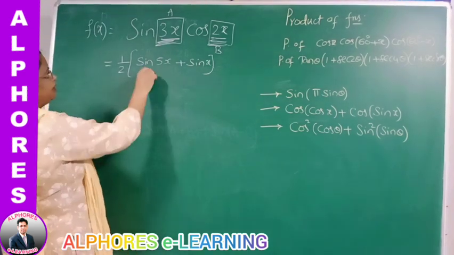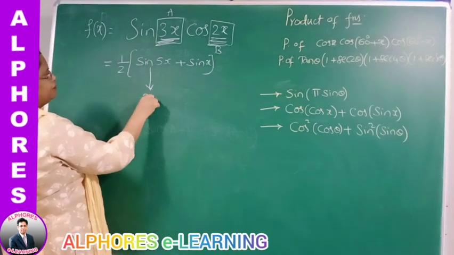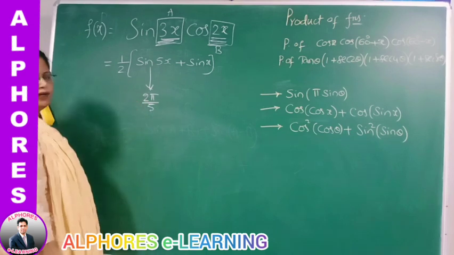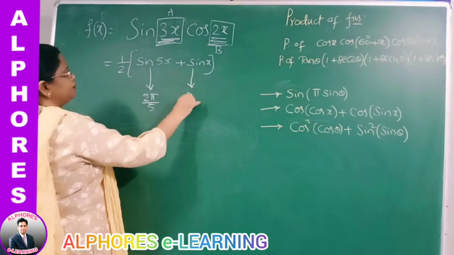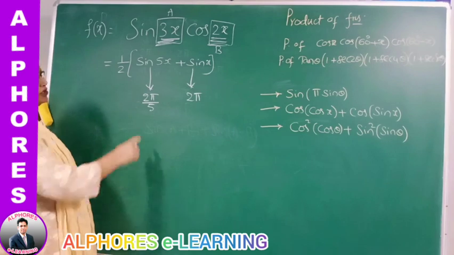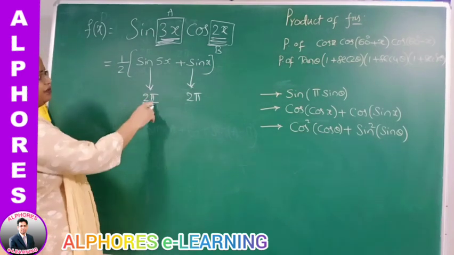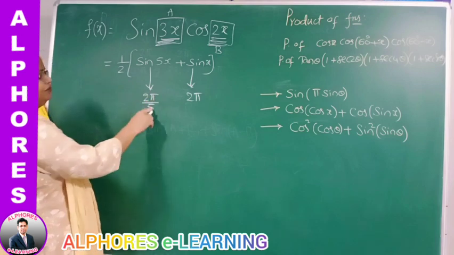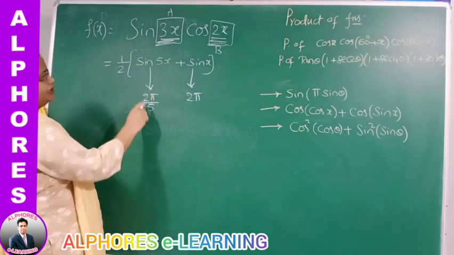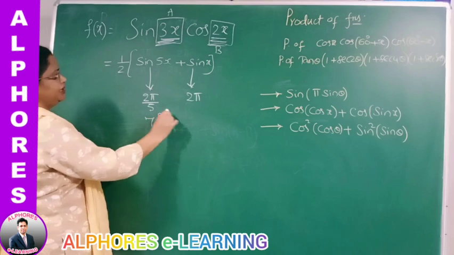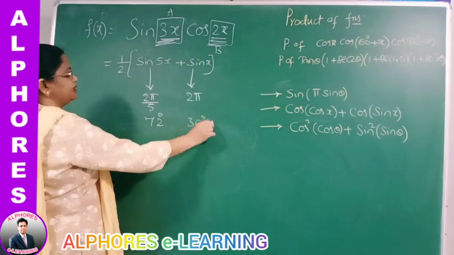What about the period of sin 5x? It is 2 pi divided by 5. And what about the period of sin x? It is 2 pi. Got it? What is 2 pi by 5? 2 into pi by 5, that is 2 into 180 divided by 5, which is 36. So this is 72 degrees and the other one is 360 degrees.